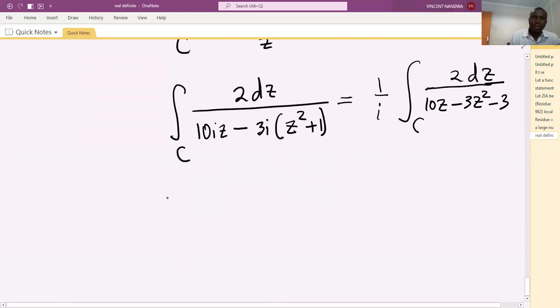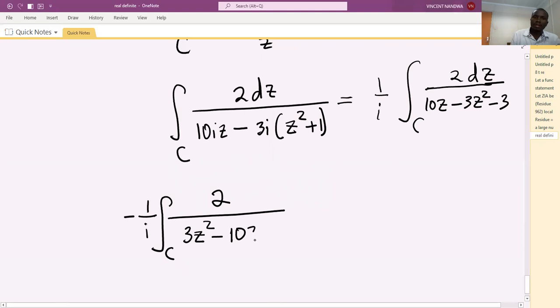I can write this as 1 over i along C. Now, because these are quadratic, I can factor out the negative sign. So I write negative, and then 2 over 3z squared minus 10z plus 3 dz. So this is what we have.